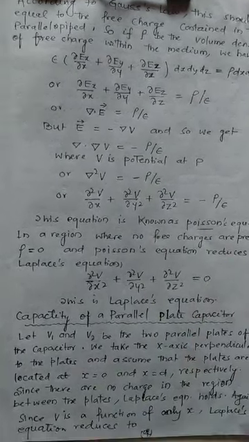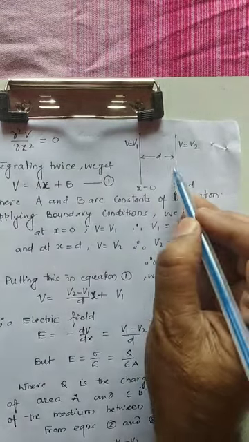Now with the help of Laplace's equation which we have derived here, we are going to find the capacity of a parallel plate capacitor. So easy, very easy. These are the two plates: the first plate is at x is equal to 0, the second plate is at x is equal to d, so the separation is d.